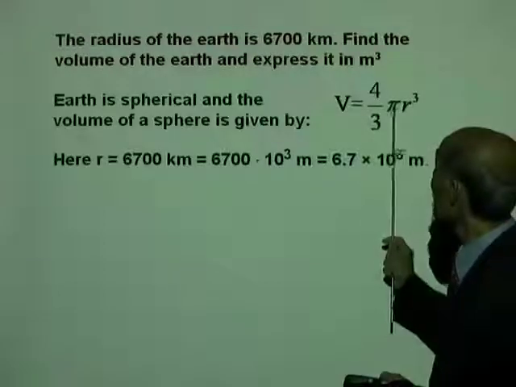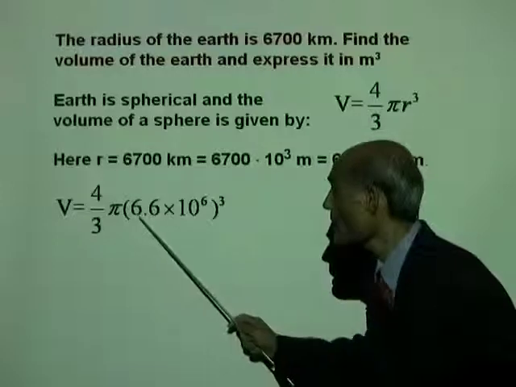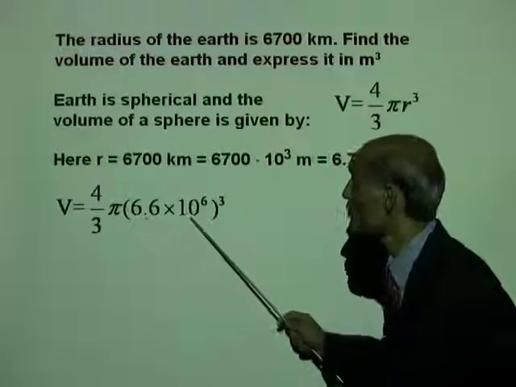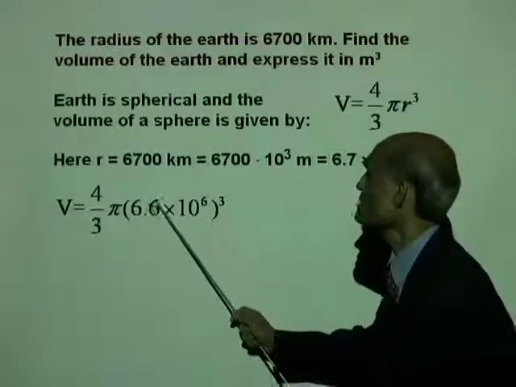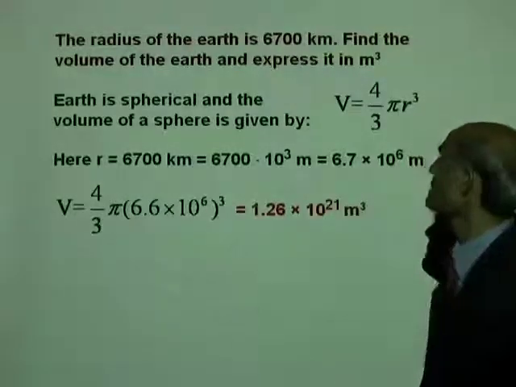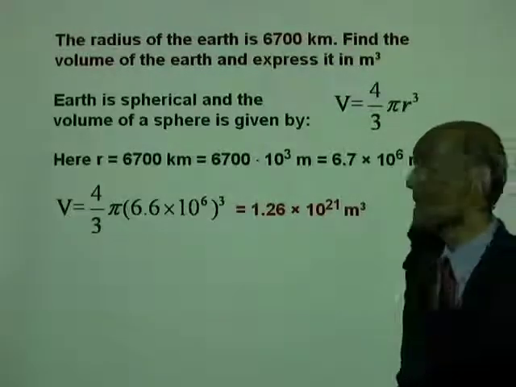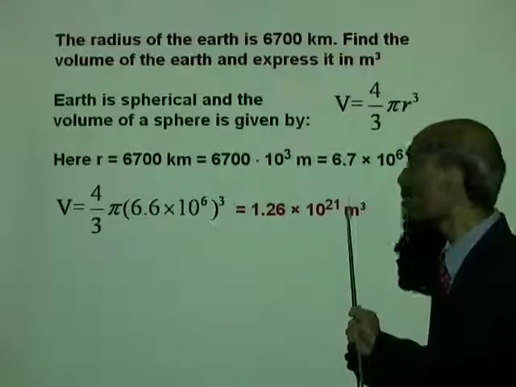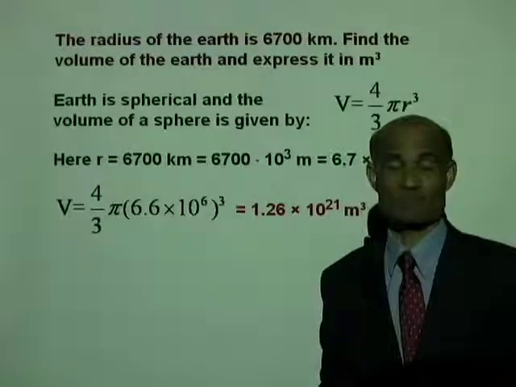So use this value over here. V equal to 4/3 pi, r is 6.7 times 10 to the 6. Well, it should be 6.7. You make that correction. And that will be approximately 1.26 times 10 to the 21 cubic meter is the volume of the Earth.